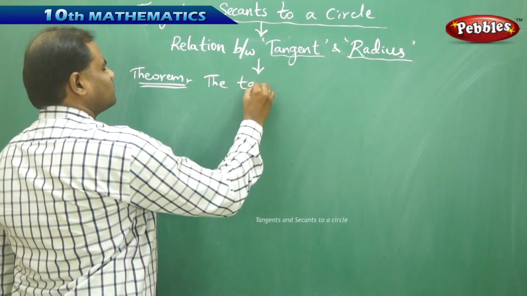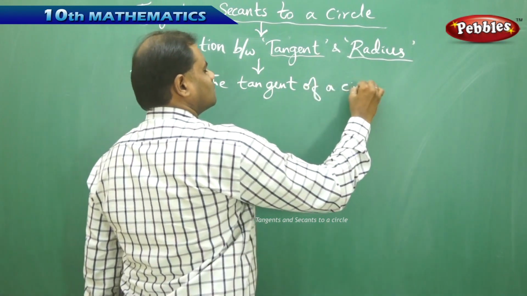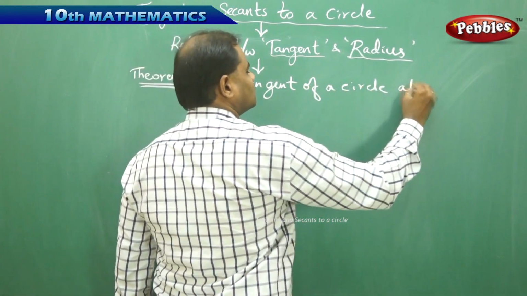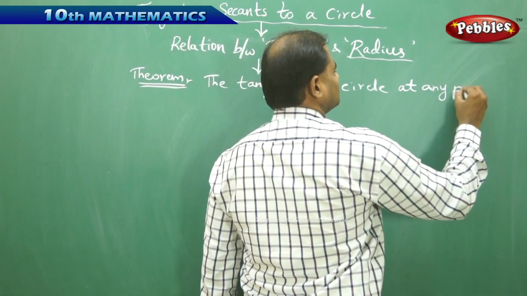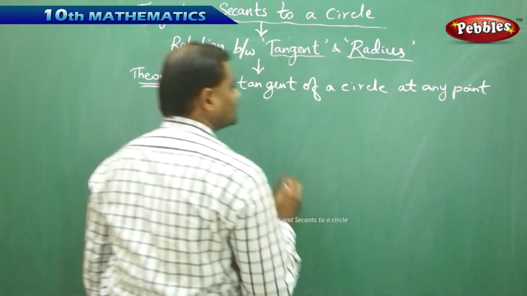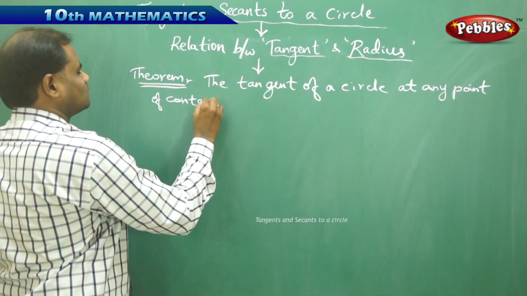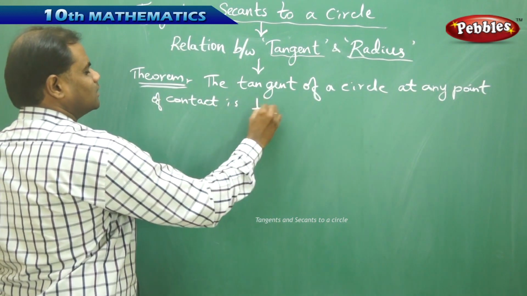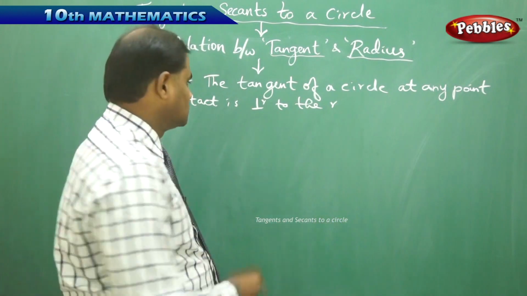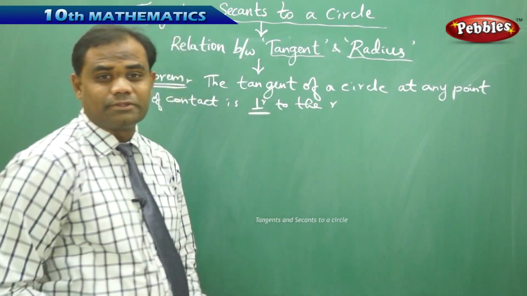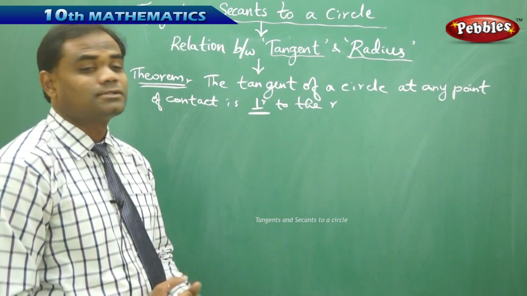the tangent of a circle at any point of contact is perpendicular to the radius of the circle. This is what we are going to prove in the theorem, that the tangent is always perpendicular to the radius of the circle.